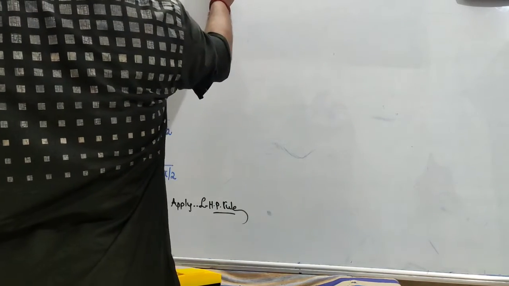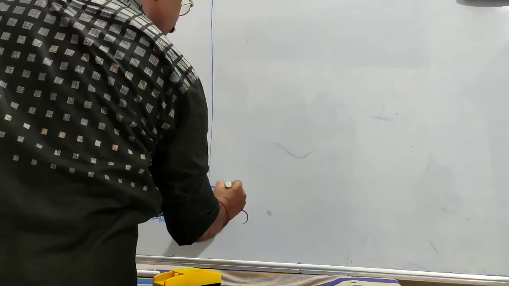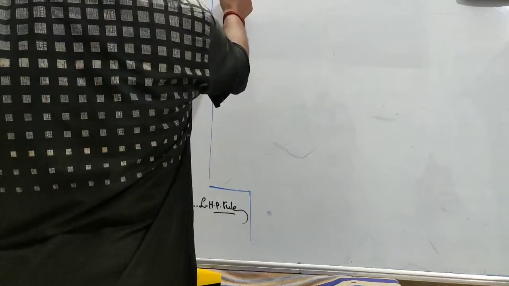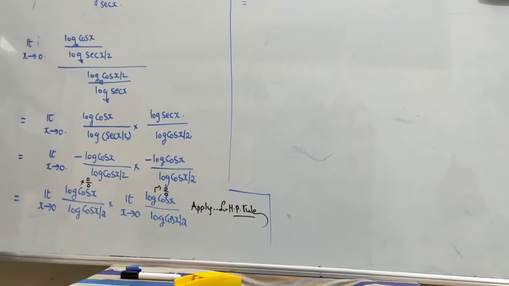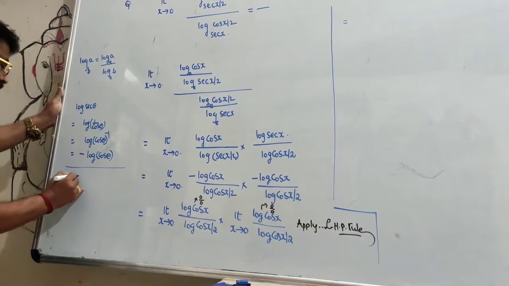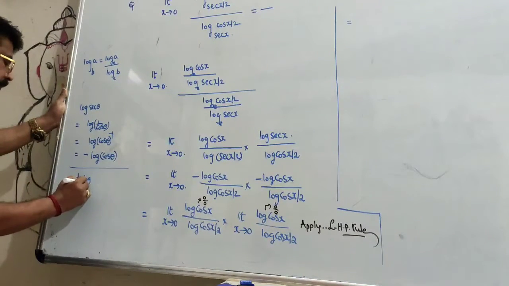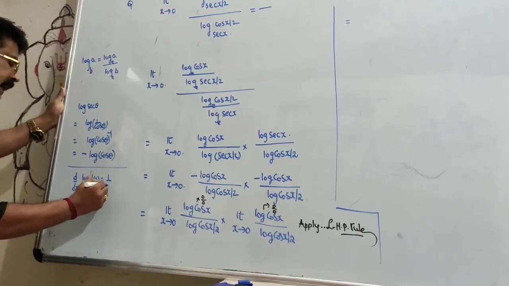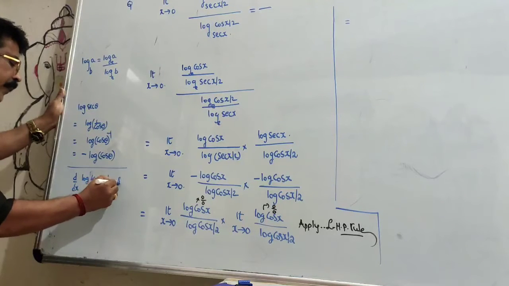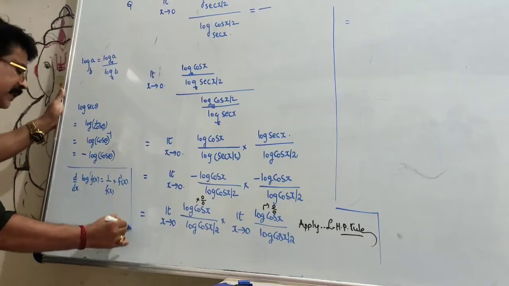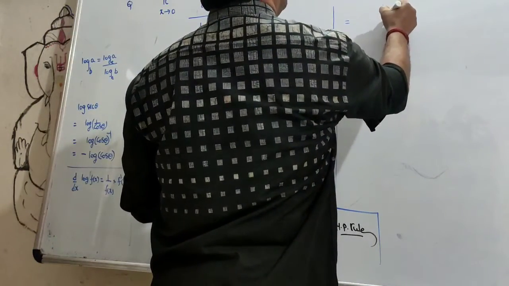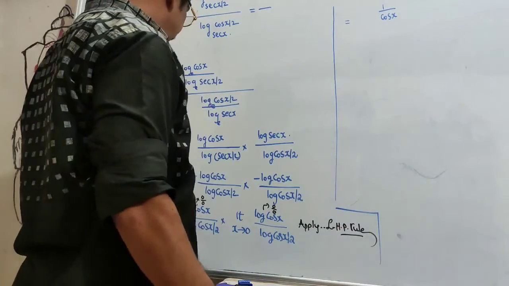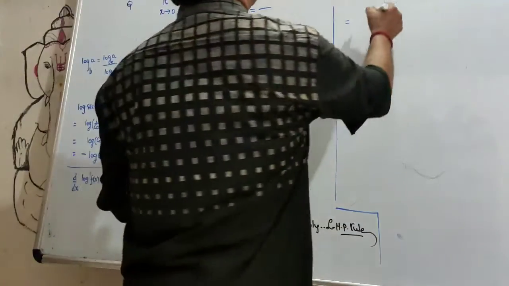So that is equal to d by dx of logarithm of f of x, which is 1 by f of x into f dash of x. This is the formula we are applying. So 1 by f of x, into d by dx of cos x, which is minus sin x.